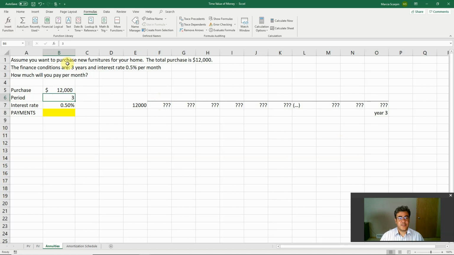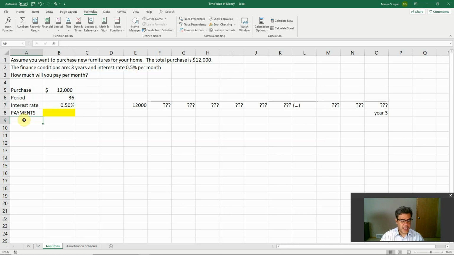Period, 3 years is right. I will pay per year. However, my payments will be monthly. Because our interest rate is per month, our period will be 3 years times 12 months. So it will be 36 months.